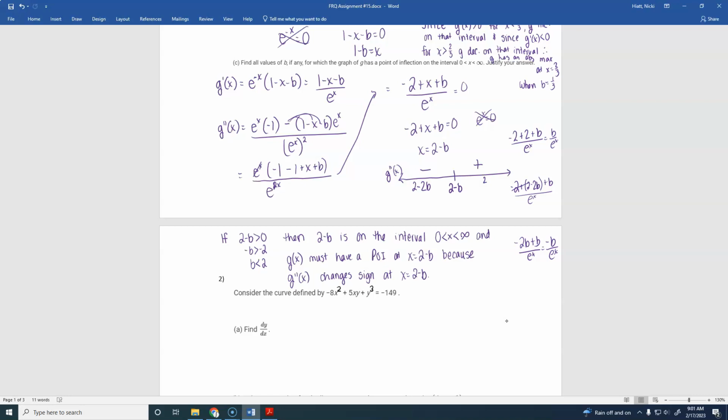So then b cannot be any bigger than 2, because it's going to cause that value 2 minus b to be negative.